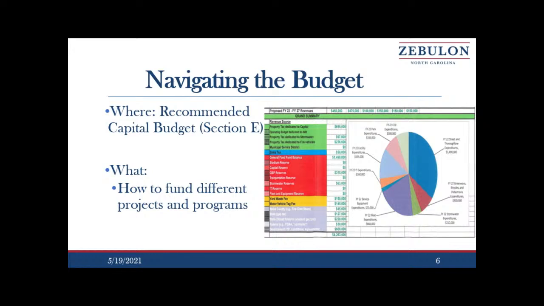It can let you know what funds have been freed up and what funds can then be applied to a different project. There are some projects in here that are funded by restricted revenue. And so if you drop a project and those funds then become available, you can only use them for certain purposes. So that's probably the biggest practical use of this chart: to know that if you free up funds by dropping a project and those funds are restricted, you're going to be restricted in what you can use them for as an alternate project.